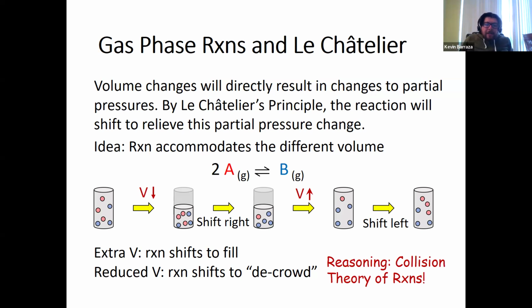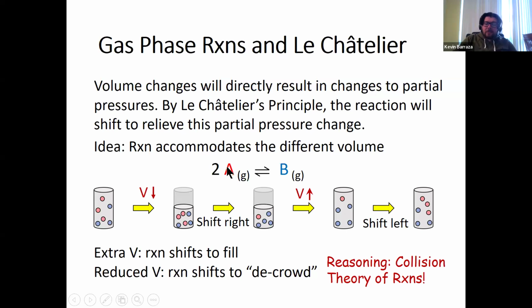The reason behind this is collision theory. Back to module 1. We think about, in order for this gas phase reaction to happen, two A's have to collide to make B. If we make our volume a lot smaller, the probability of two A's colliding is now higher.